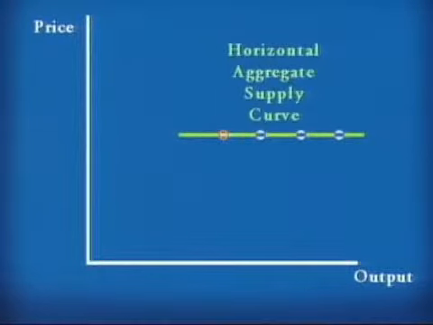In other words, increases in demand are met by equivalent increases in output with no change in the price level. In this case, we are assuming that firms have access to a ready supply of inputs at existing input prices. As firms collectively purchase more inputs to produce more output, nothing happens to input prices or productivity. So per unit costs of production remain unchanged, and so per unit output prices remain unchanged.